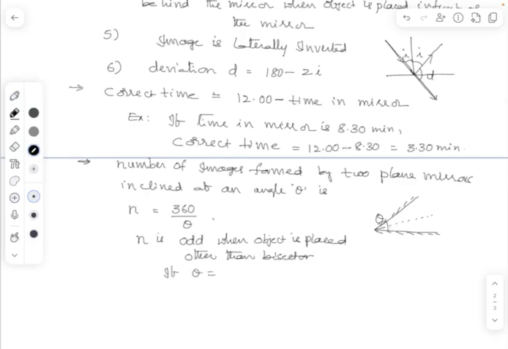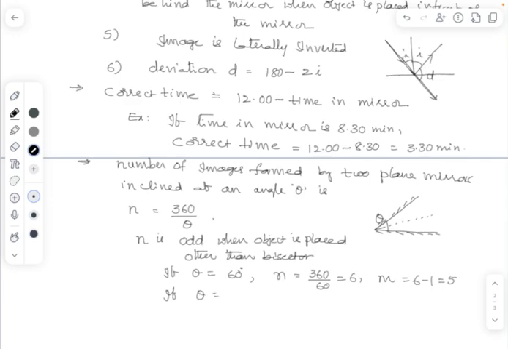If theta equal to 60 degrees, n equal to 360 by 60 equal to 6, and m equal to 6 minus 1, 5.